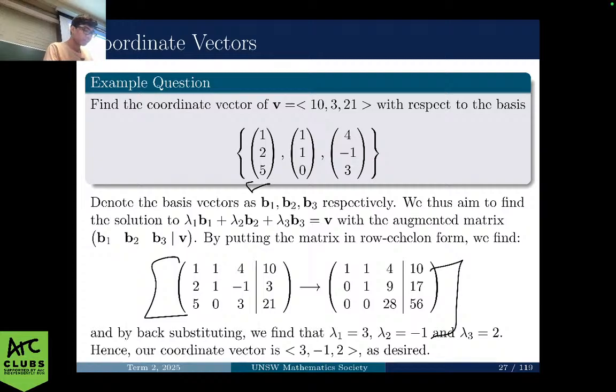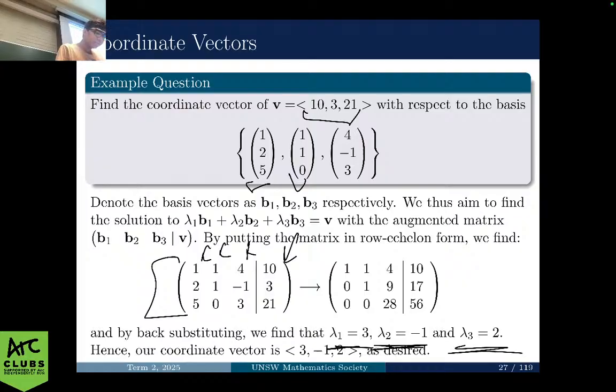I just pop my vectors into my columns, have this vector that I'm solving for be my 4th one, reduce to row echelon form, and then really easily I can find each of my lambda 1, lambda 2, lambda 3. So our coordinate vector of this point, with respect to this basis, is 3, negative 1, 2.